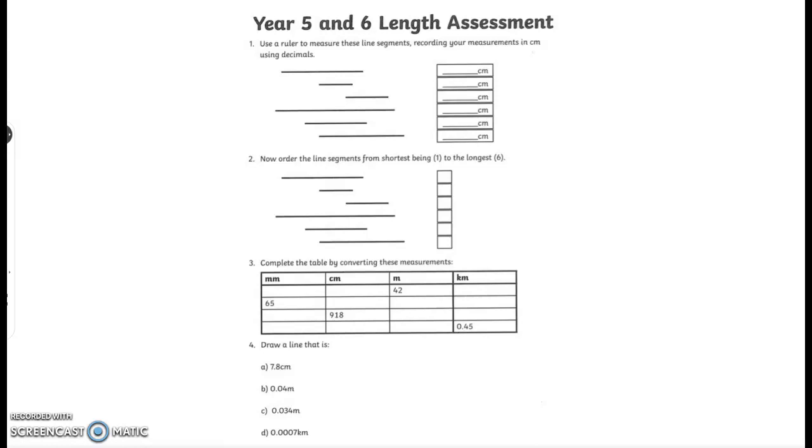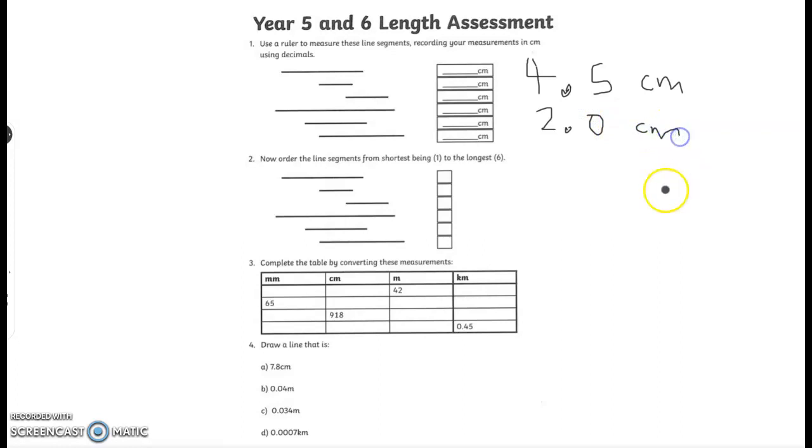All right, now the answers are, for the first one, 4.5 centimeters, because we have to use decimal points, you see. Number 2 is 2.0, because it's 2 centimeters.